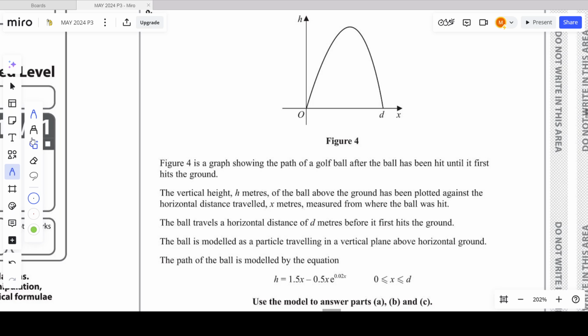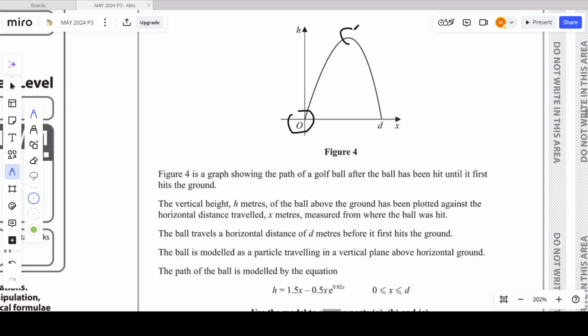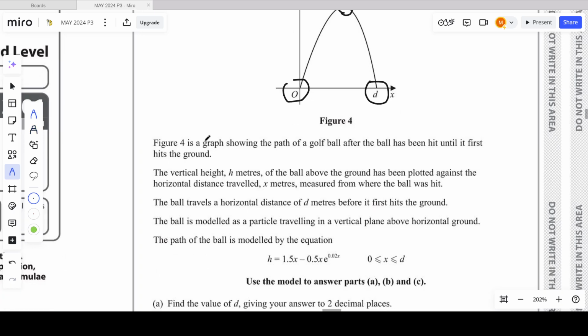The ball was hit from the origin, and the max height is this turning point, and then the ball reaches the ground again at D. The ball travels a horizontal distance d meters before it first hits the ground.